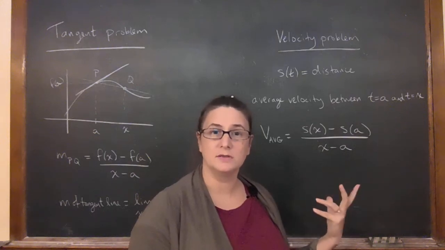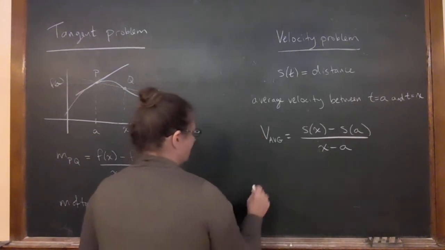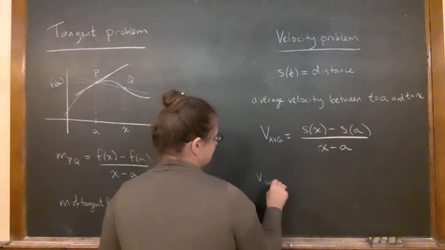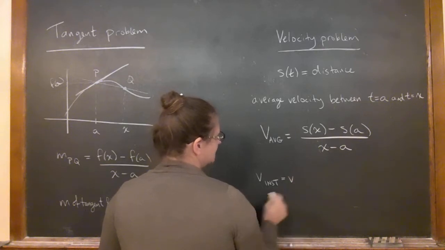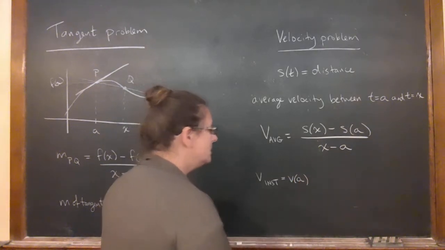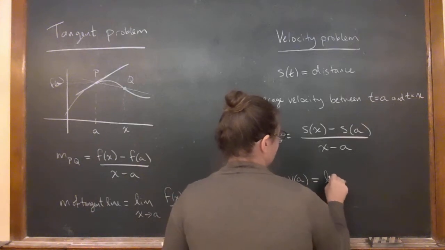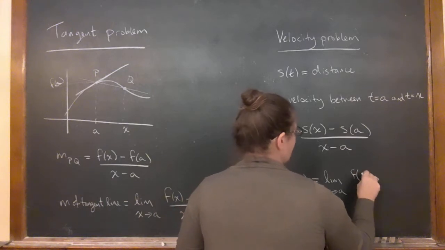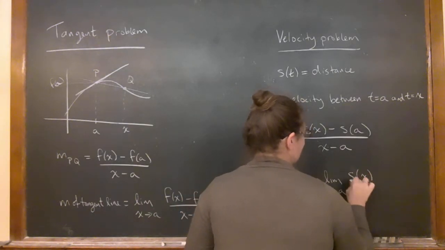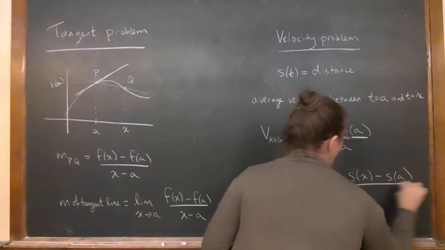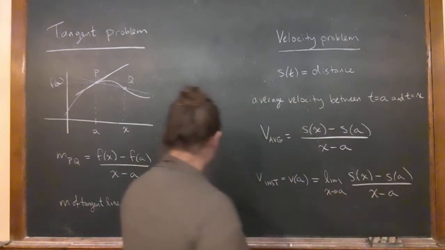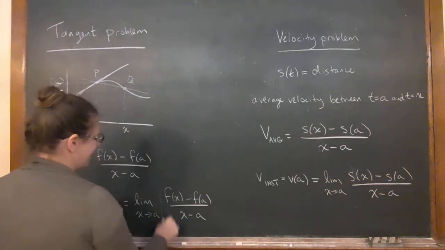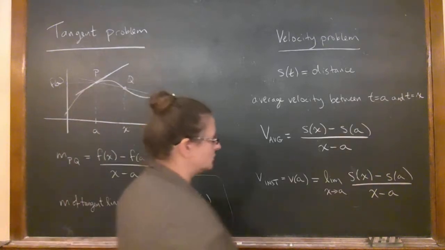So now with the notation of limits, we can write the instantaneous velocity, which would be the velocity at time a, is going to be the limit as x goes to a of, oh sorry, it's s of x minus s of a over x minus a. So you see, it's the same form, right? This form actually has a name. It's called the difference quotient.